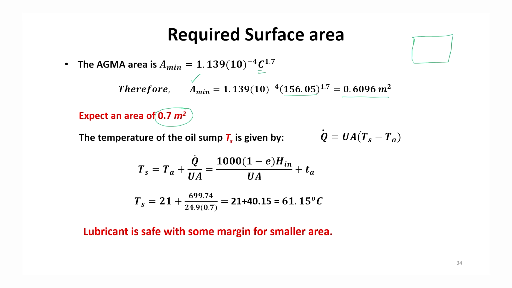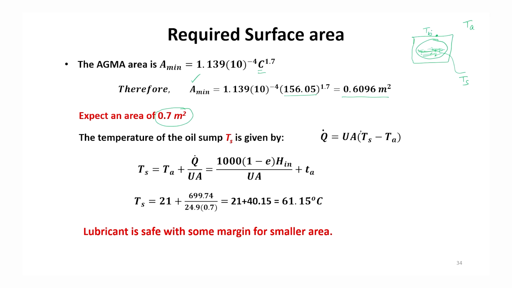Now, the temperature of the oil sump T_s is given by, that means here you have a gearing system and the oil sump is there, okay, and in this oil sump the temperature is T_s and the outside temperature is T_a, and the temperature of this block is T_b.